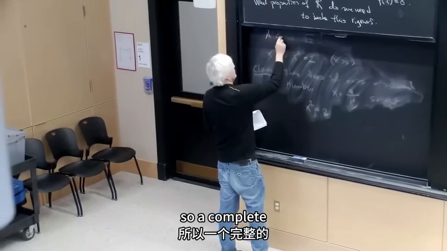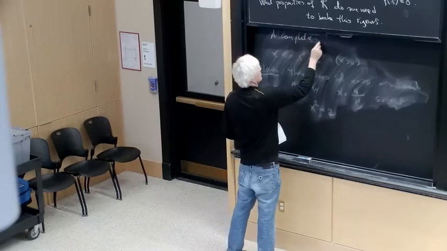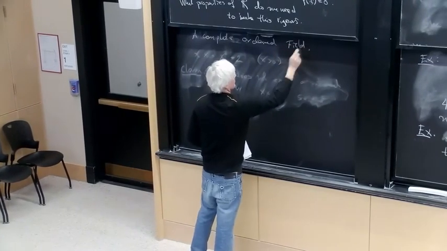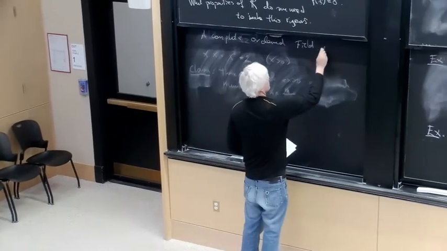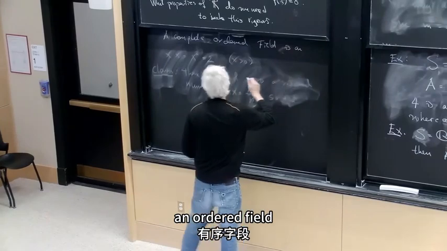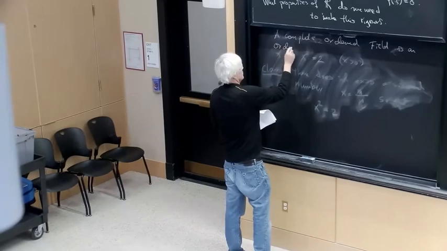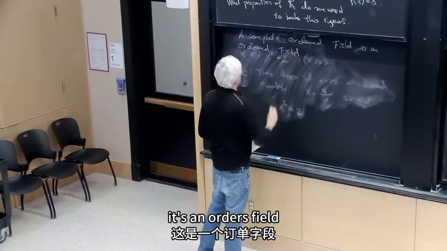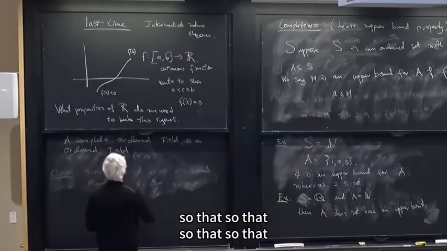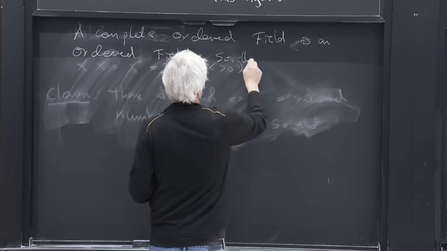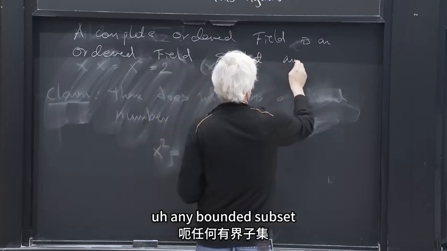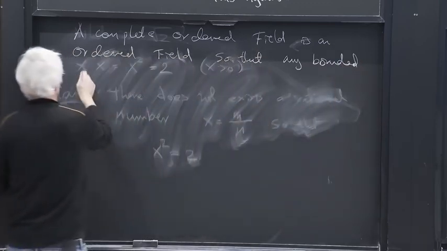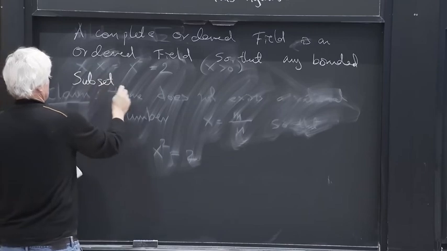A complete ordered field is an ordered field so that any bounded subset has a least upper bound.